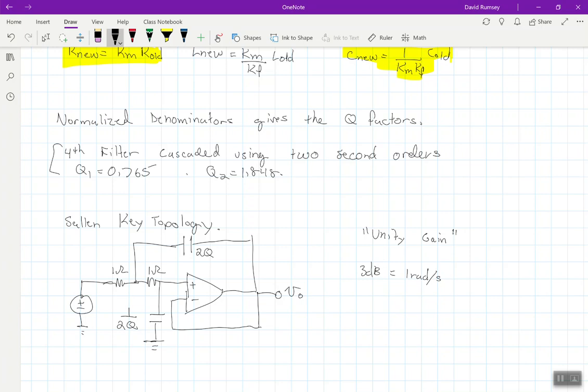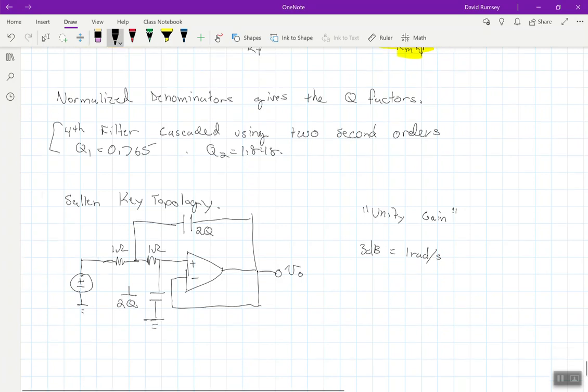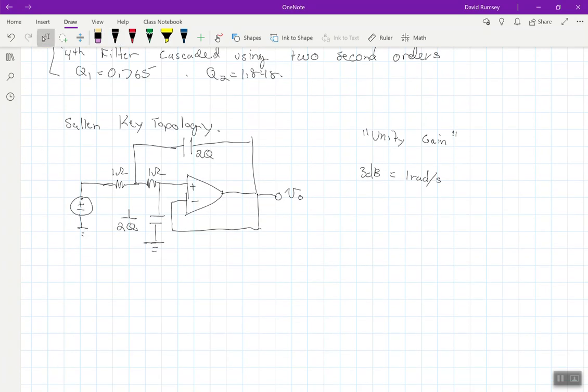Now I know there's no capacitor values in here yet because we don't have the Q factor, because the Q factor depends on how many stages we're putting in and what the overall filter is going to be. The overall filter is going to look like this.